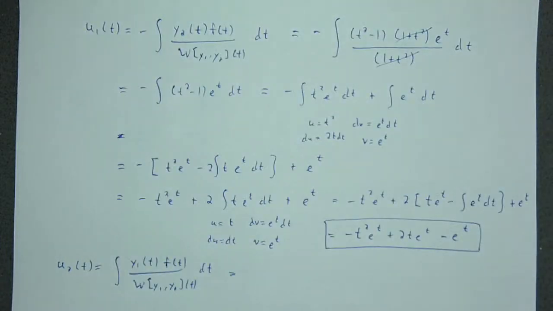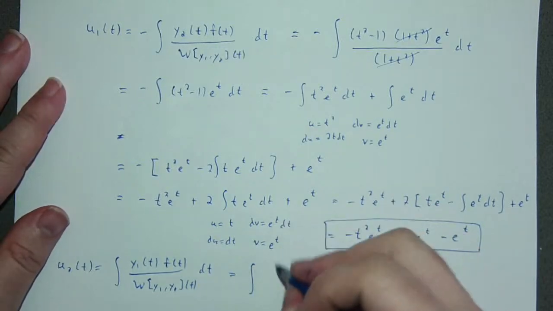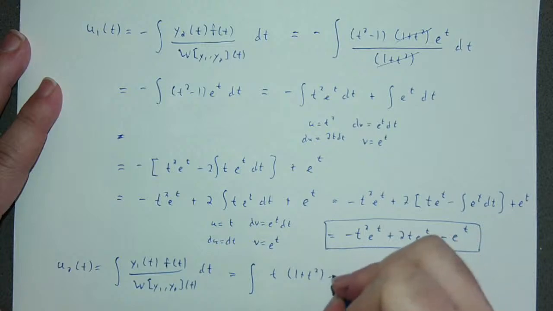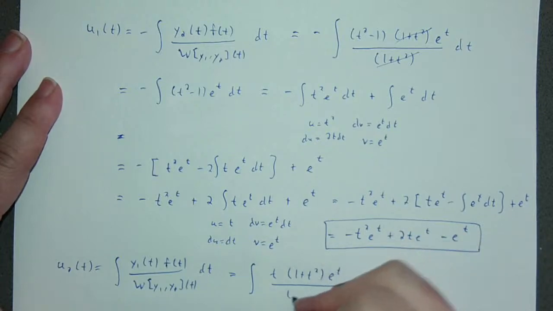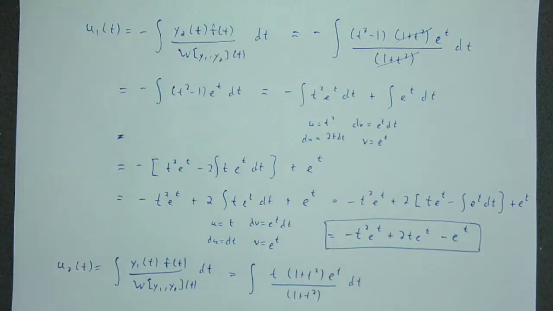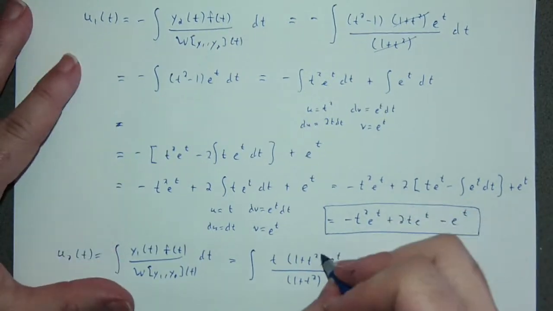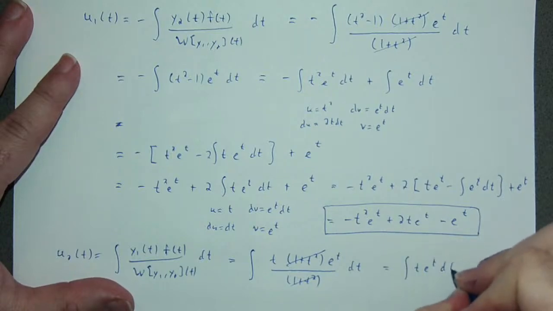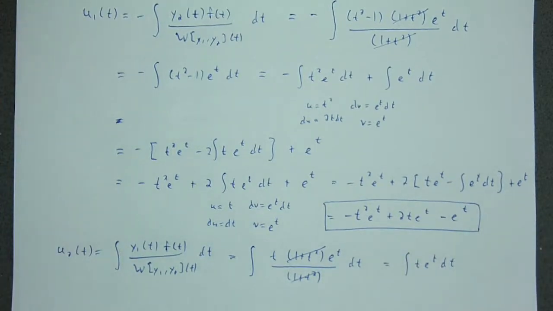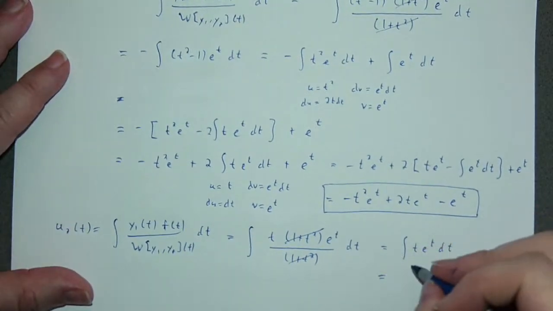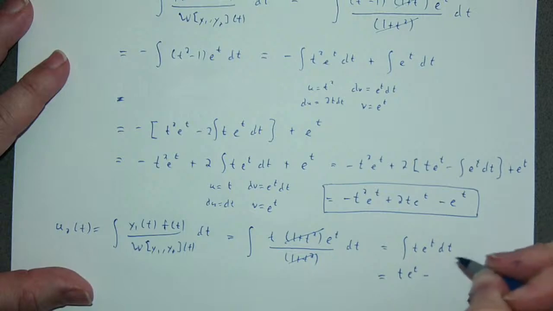So this is the integral of t times 1 plus t squared e to the t over 1 plus t squared dt. So those cancel, and I'm left with the integral of t e to the t dt. Again, I can do this by parts here. So if I do this by parts quickly, this would be t e to the t minus e to the t, right? This is e to the t times t minus 1.